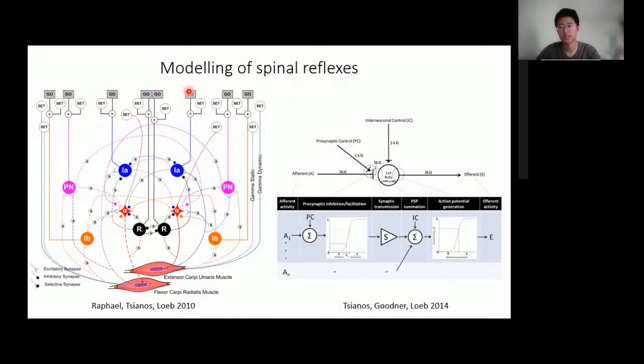In this study, they made the go signal a step function, the simplest form, and they show that it can produce some reasonable movement. But this is still an assumption of the descending input. We don't know what this descending input is. Currently, in our lab, our job is to find what the descending input should be to this complex neural network. I will talk about this later.